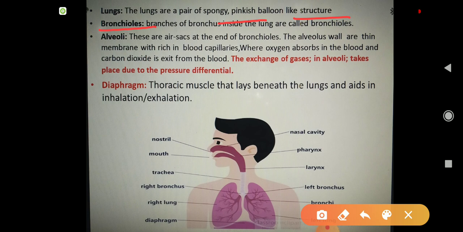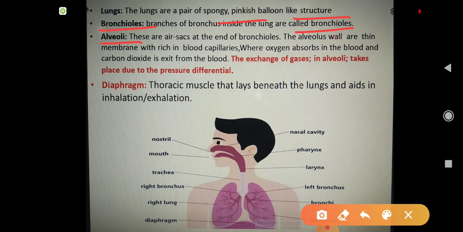These enter the lungs, and at the end of these bronchioles, alveoli are there. What are the alveoli? These are the air sacs at the end of the bronchioles, and the alveolus wall is thin and membranous. The membrane is very thin and rich in blood capillaries, where oxygen is absorbed into the blood and carbon dioxide exits from the blood.